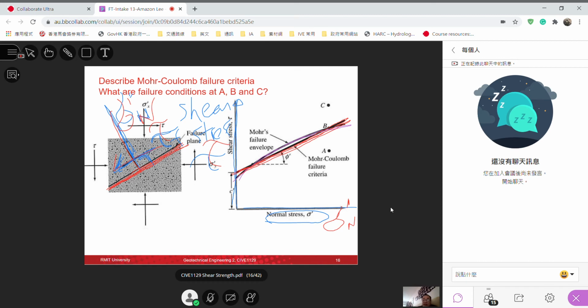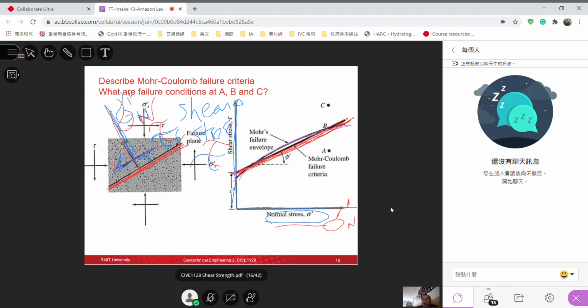The shear stress developed parallel to the potential failure plane, together with the normal stress developed perpendicular to it, will have a relationship. And this relationship is represented roughly by this straight line.